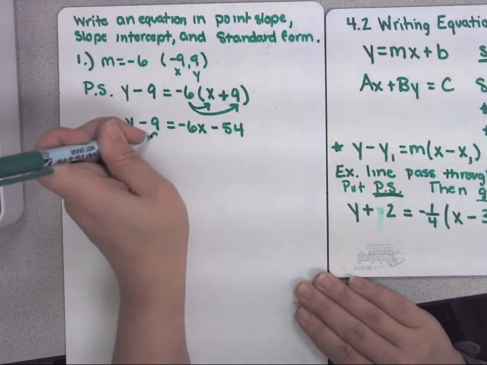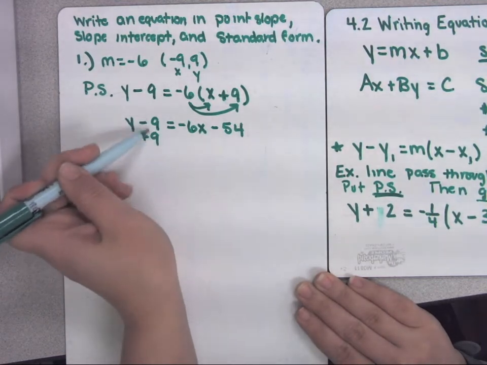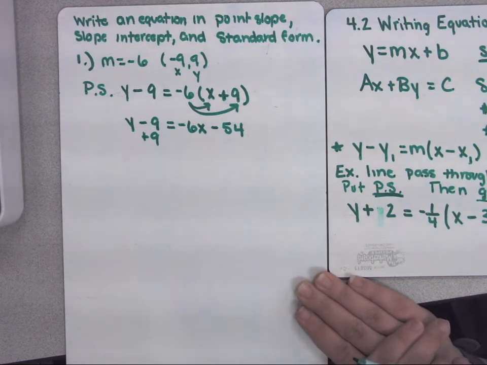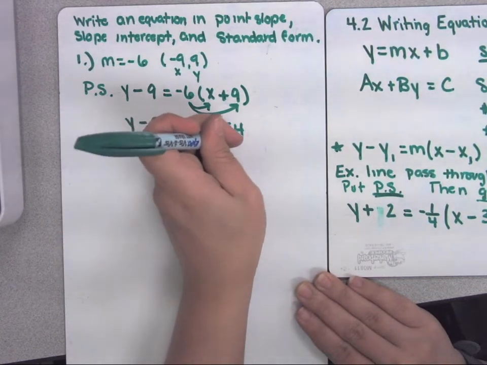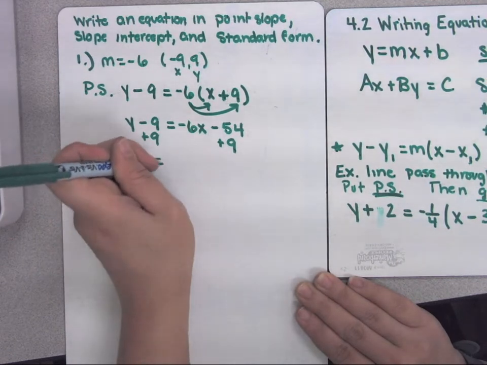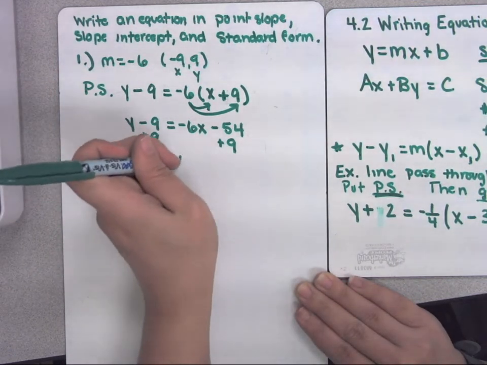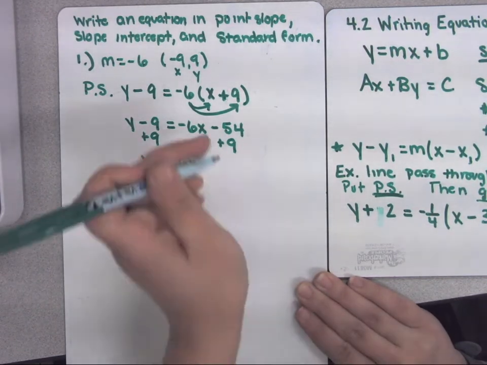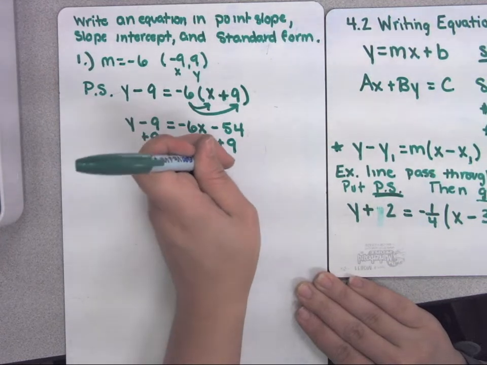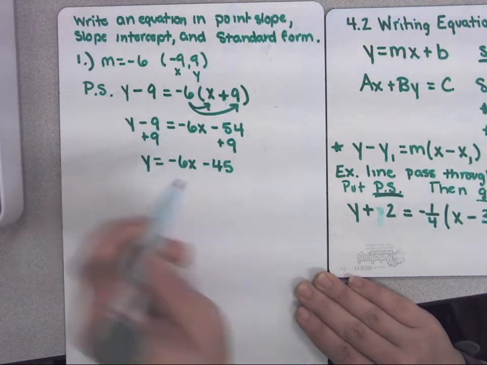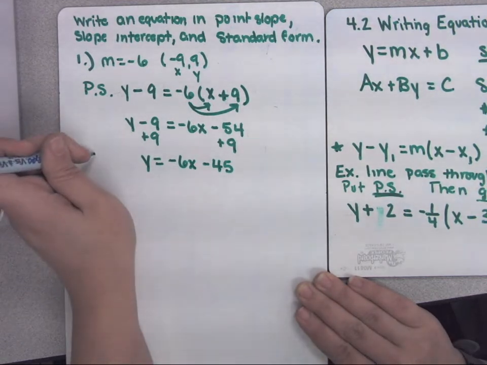So every time you're going to move that 9, I add 9 to 9. What other number do I add 9 to? The 54 or the 6x? The 54. So then y is finally alone. 6x had nothing added to him. What does negative 54 plus 9 turn into? Negative 45. Now, is this in slope-intercept form? So what should I do to the side of it?